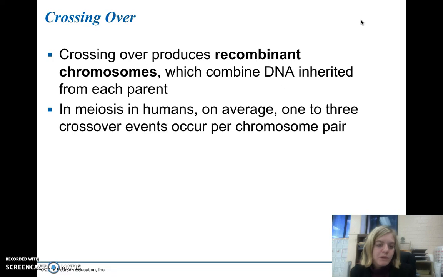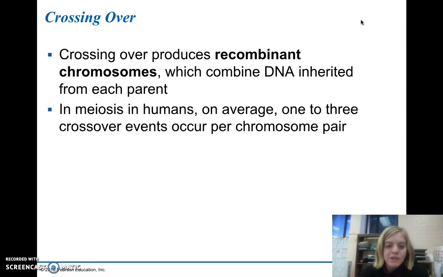Another contributor to genetic diversity in our populations is crossing over. So you've learned in meiosis that crossing over occurs during prophase 1, which essentially causes the homologous pairs to exchange DNA with each other. And this typically in humans occurs on average around 1 to 3 times per chromosome pair.